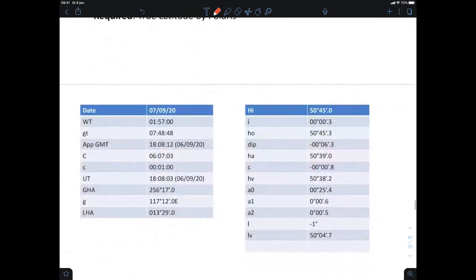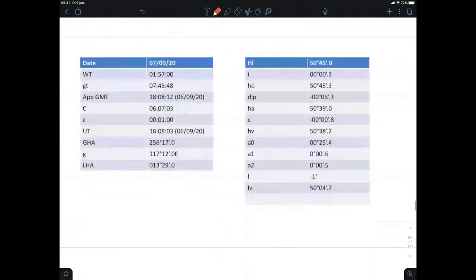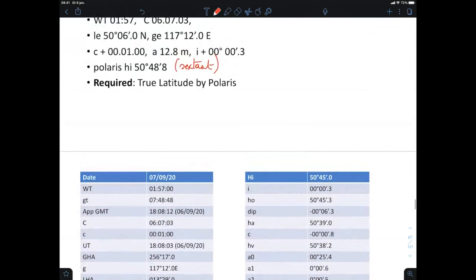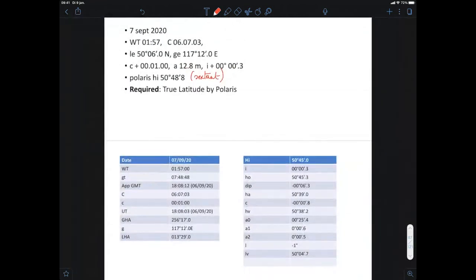So we are on the 7th of September. Our watch time of observation was 1:57. Now, we need to determine whether our chronometer time is 6 or 1800 hours. We do that by transforming our longitude into time, which is approximately 7 hours 48.